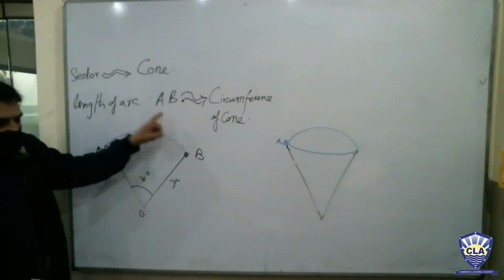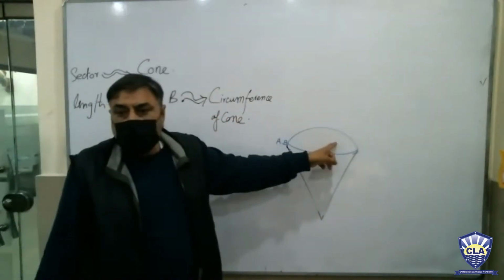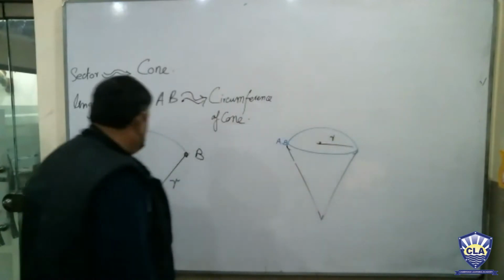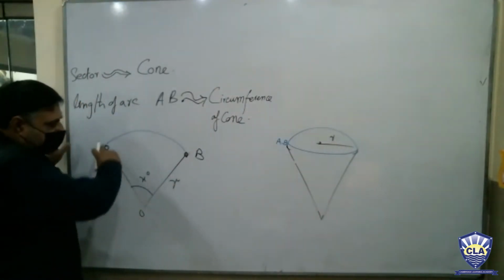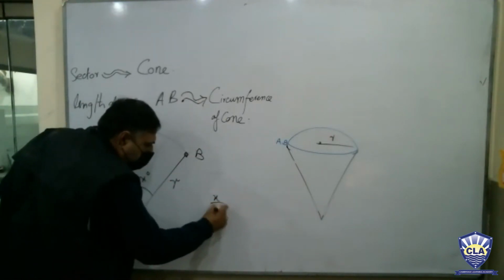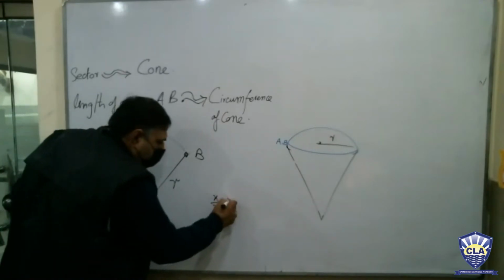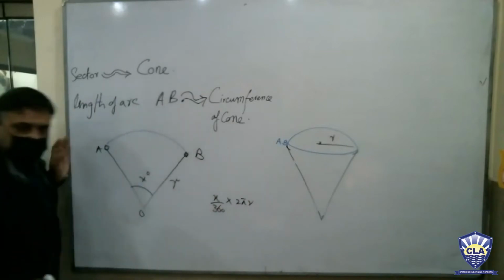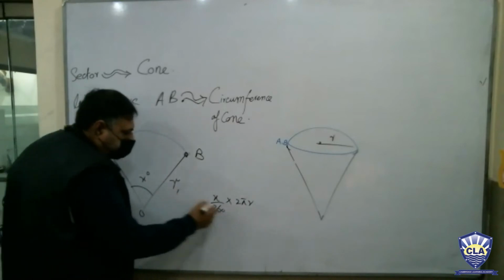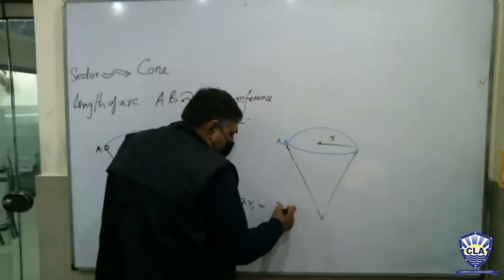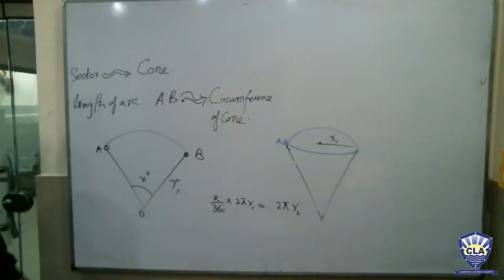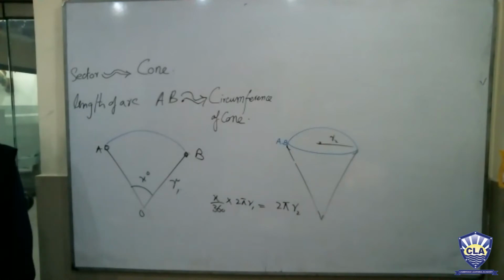So this length of arc AB is converted into 2 pi r, where r is the radius of the cone. What is the length of arc? Length of arc is x over 360 into 2 pi R1, which equals 2 pi r2. R2 is the radius of the cone only.